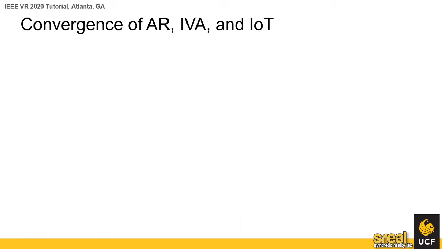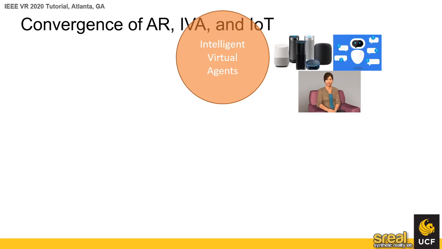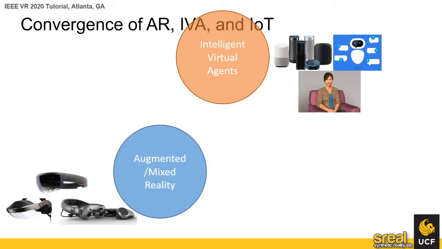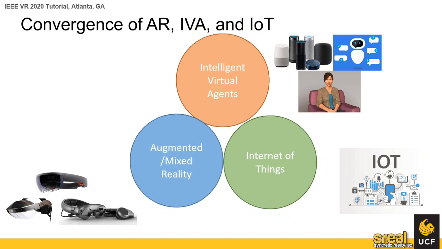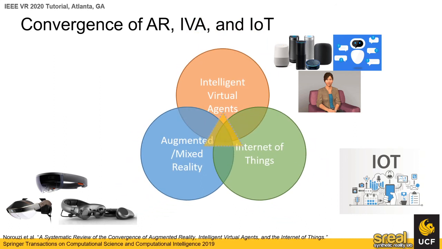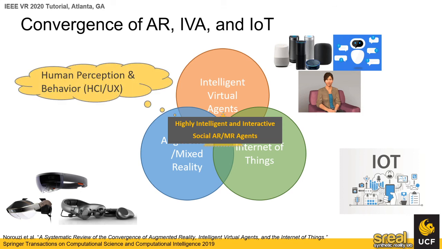In this era, the convergence of different technologies like augmented reality, intelligent virtual agents, and Internet of Things should be timely, interesting, and important, particularly about human perception and behavioral research in the interactions with physically interactive virtual humans.